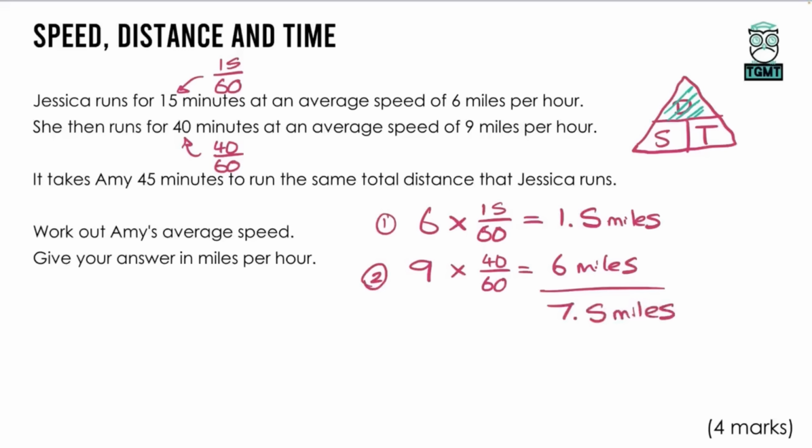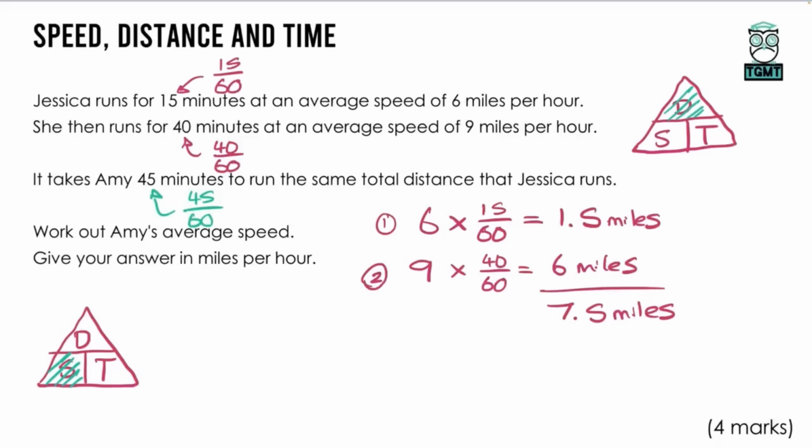Now it says here, if Amy takes 45 minutes to run the same total distance that Jessica runs, work out Amy's average speed. So we need to do a formula again, because this time we are working out speed. So speed, distance and time. We are working out a speed, so we need to do distance divided by time. Again, we have 45 minutes, which is 45 out of 60, if we write that in hours again.